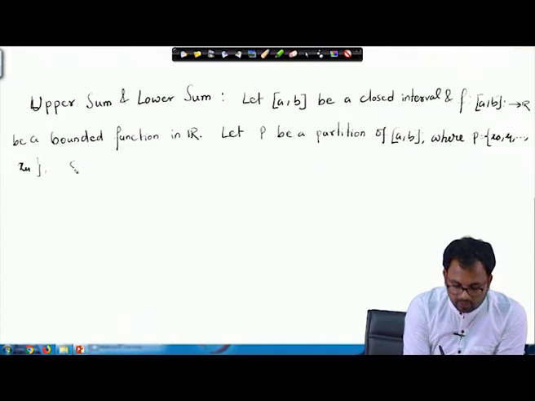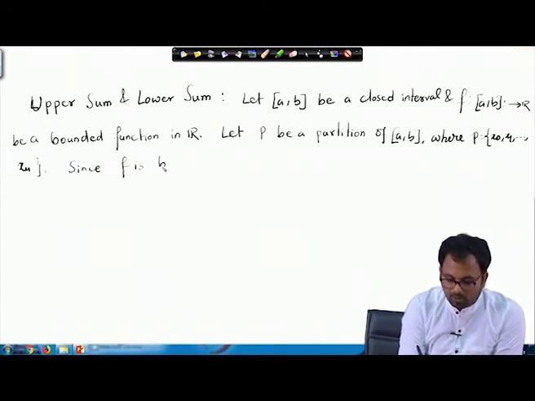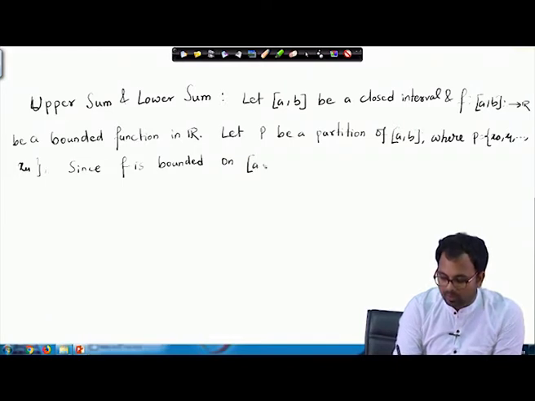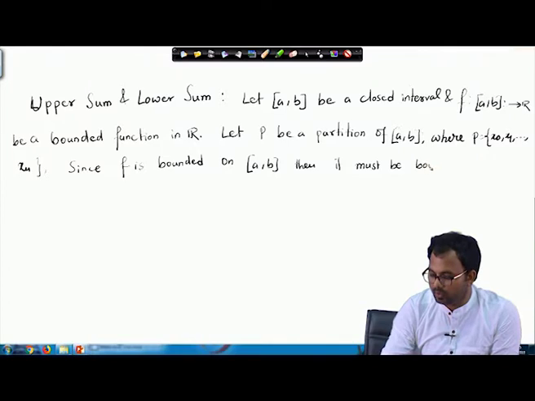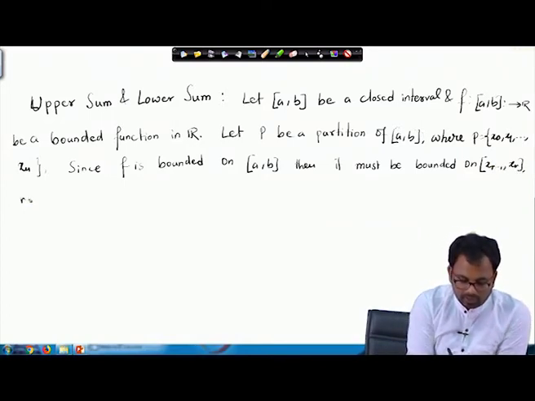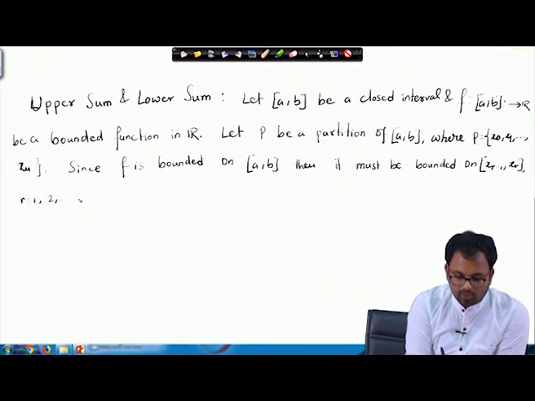So since f is bounded on [a, b], then it must be bounded on [xr minus 1, xr], where r can be 1, 2, 3 up to n.